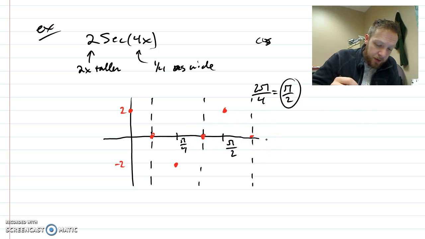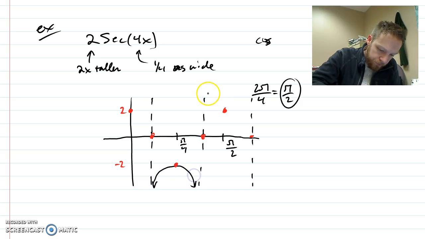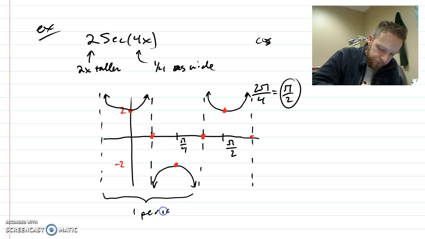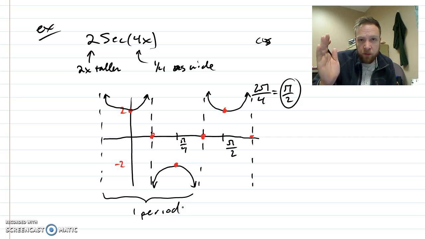Okay, and then we can do the swoops. And we would have another swoop over here. This right here would be 1 period. The length of that should be pi over 2. And so you will always have one vertical asymptote in the center of secant and cosecant to deal with.